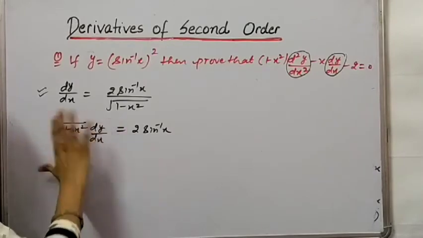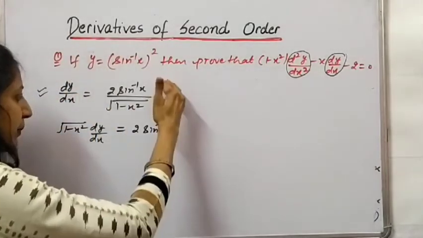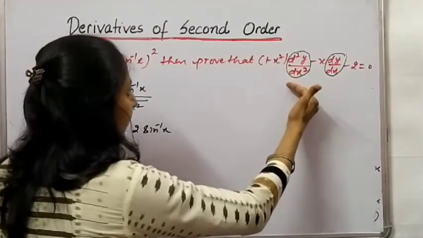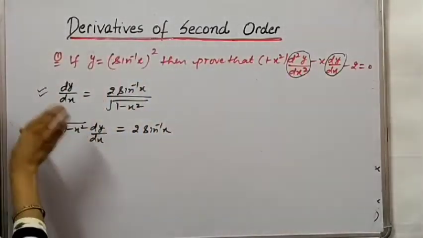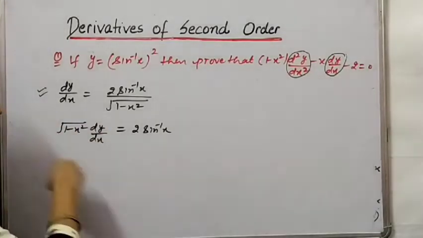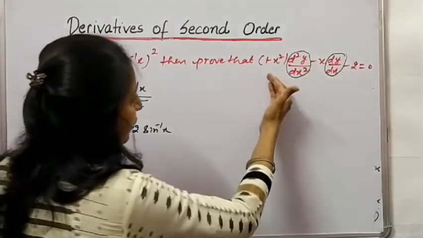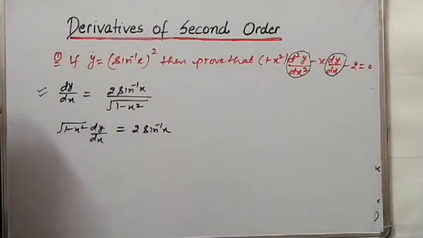Yes, you can differentiate it further and find the second order derivative by applying the u by v rule, and after putting all the values you will get your answer 0. But if you apply this method, then very easily you will reach the whole result. So let us see how.